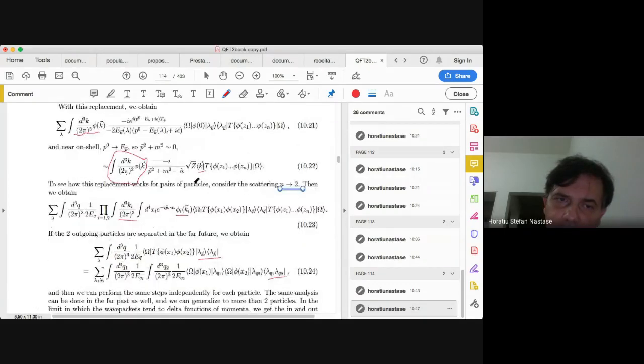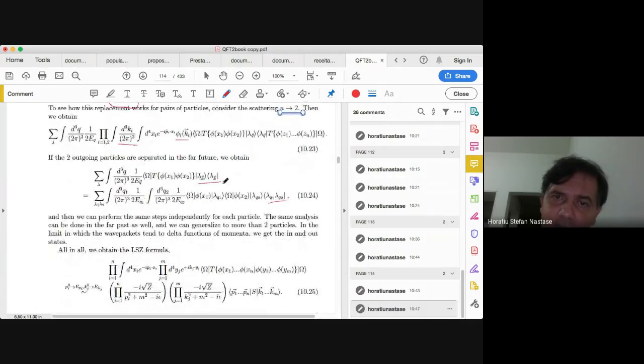So now we have lambda q. Anyway, I wanted to do a wavy line here, but you have this from the identity.